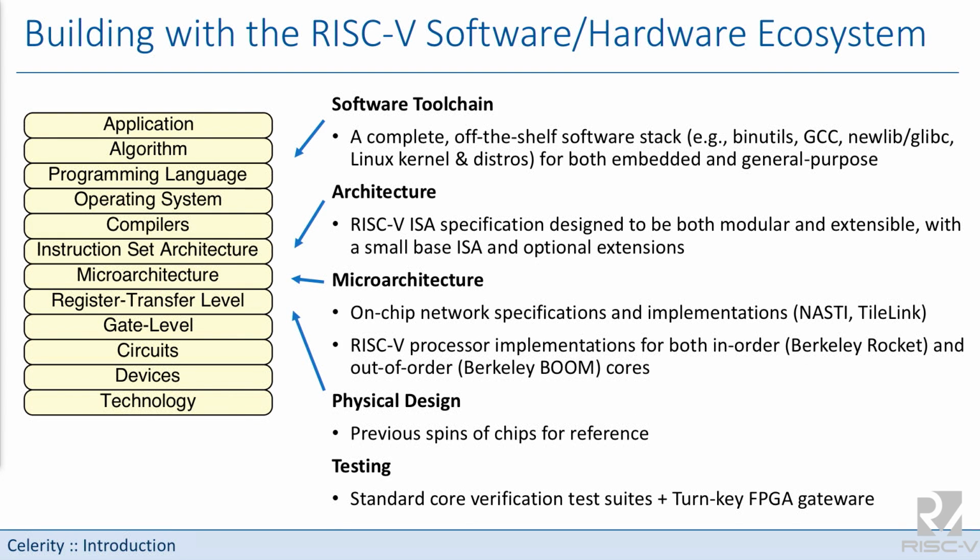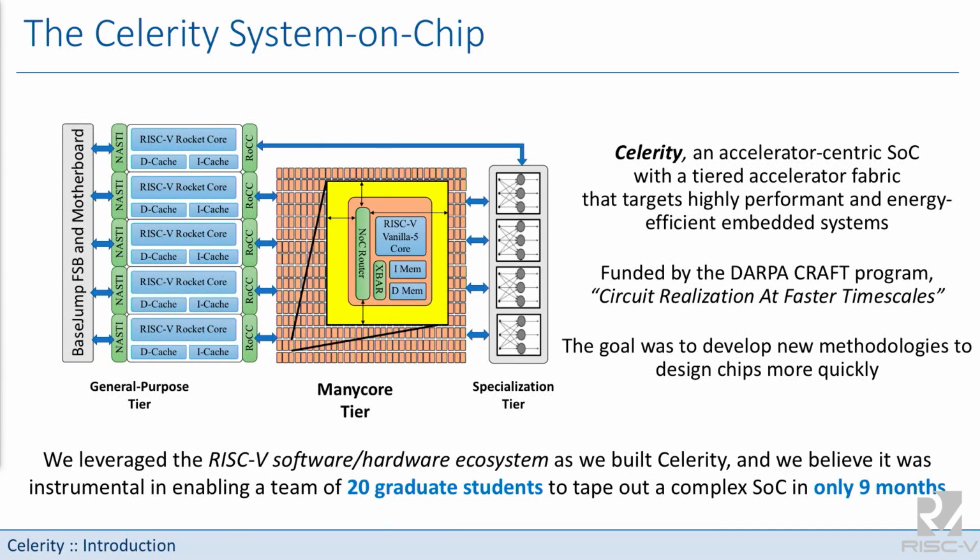We were able to leverage the software toolchain, the ISA, and microarchitectural components from Berkeley and SiFive like TileLink, physical design experience of other RISC-V implementers and the tricks they use to get the infrastructure working, the test suites that are out there, and the FPGA gateware that has been generated.